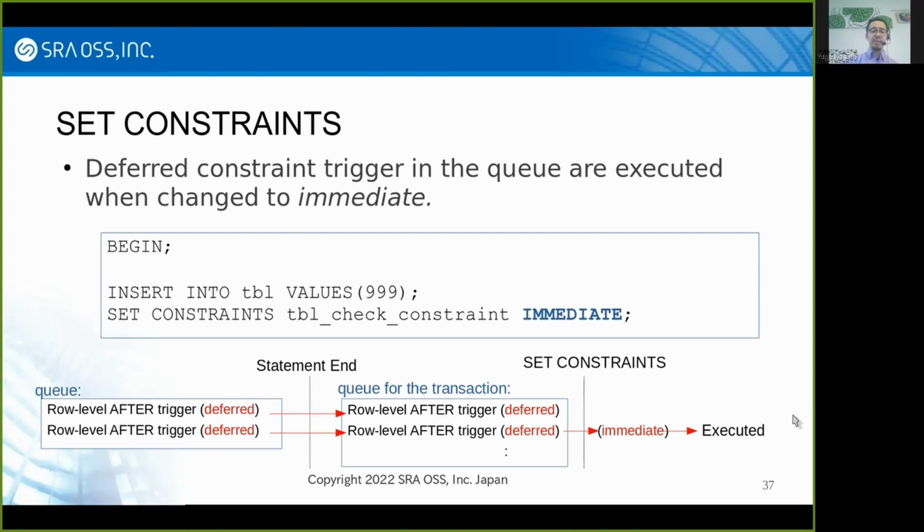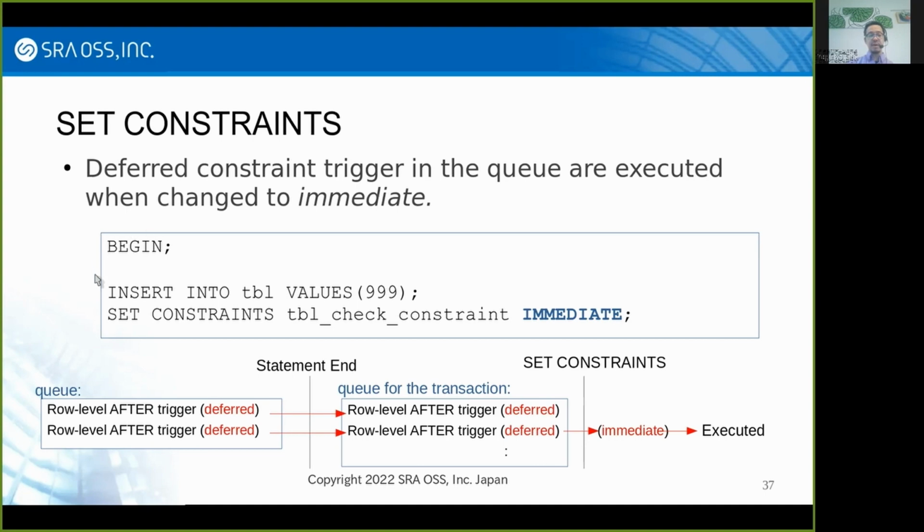Also, a deferred constraint trigger in this queue is executed when the state is changed to immediate. The SET CONSTRAINTS command can be executed in the transaction. In this example, at the end of the statement, the deferred after trigger is not executed.